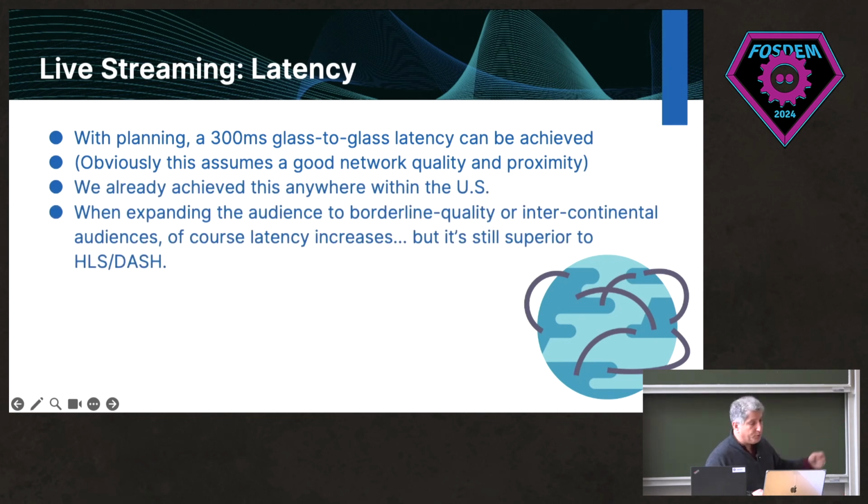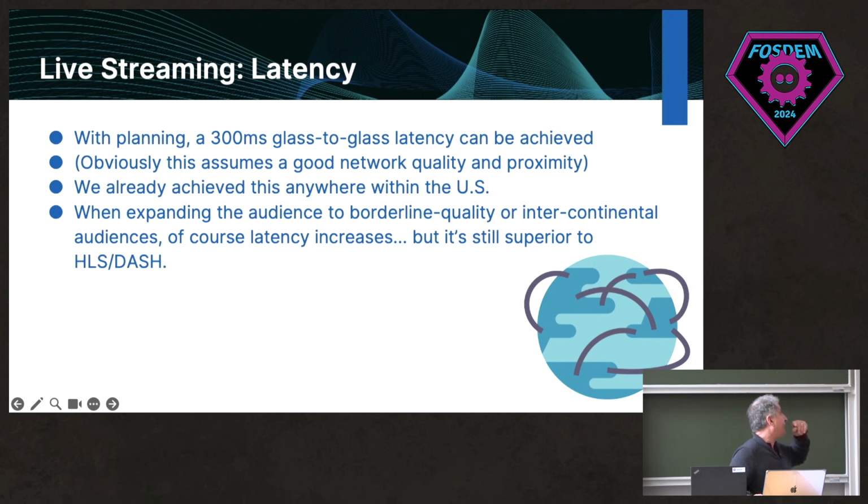So with proper planning and setting everything out correctly, you can have a 300 millisecond glass-to-glass, 1 to hundreds of listeners. You need a good network. Like I said, the latency is more dependent upon the RTT between the endpoints than anything else. I mentioned 300 milliseconds glass-to-glass because in our large-scale deployments, we've done this anywhere within the US.